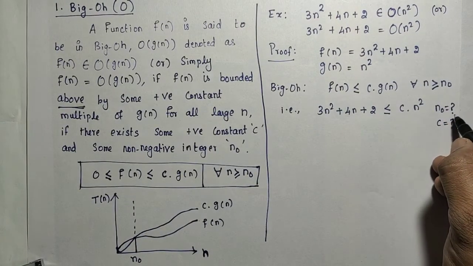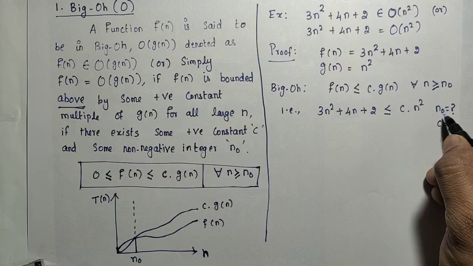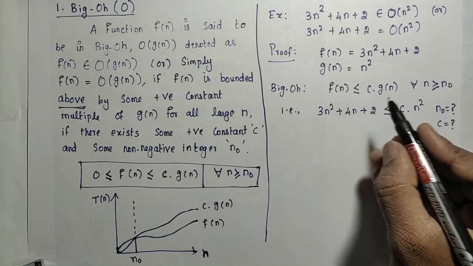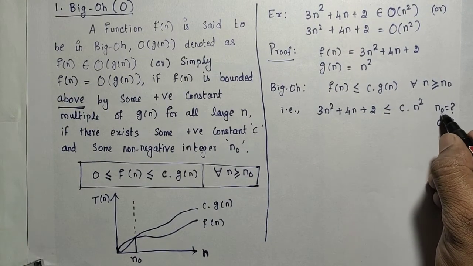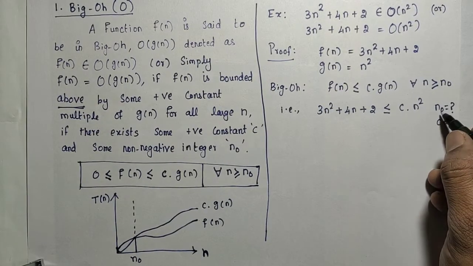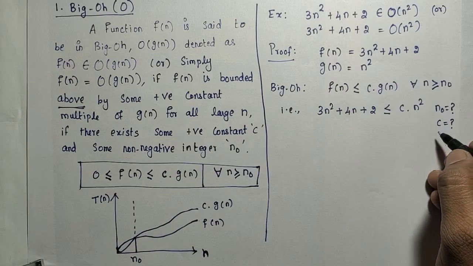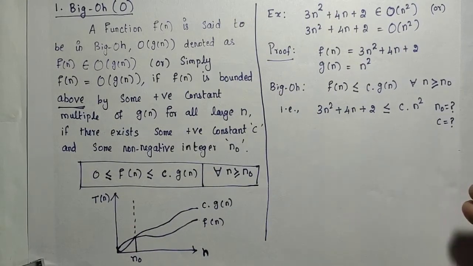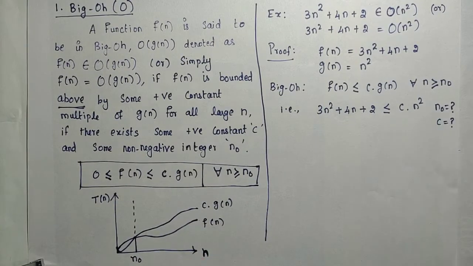All large n values means I need to find after which n value this condition is true, and for which constant the condition is true. So what is the c value, what is the n naught value, that we have to say: after this n naught value, for this particular constant, this condition is true, so that this function belongs to g of n. Like that you have to prove it.